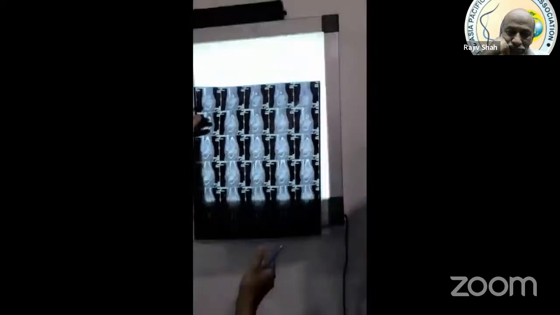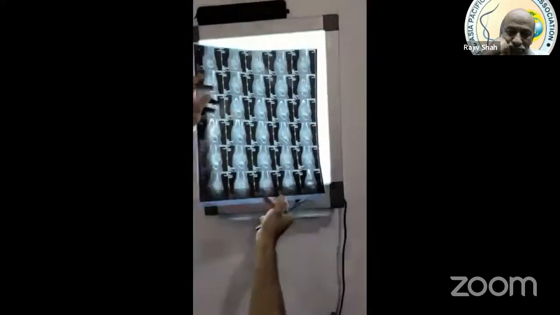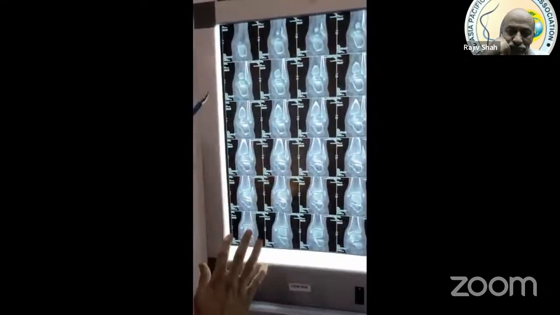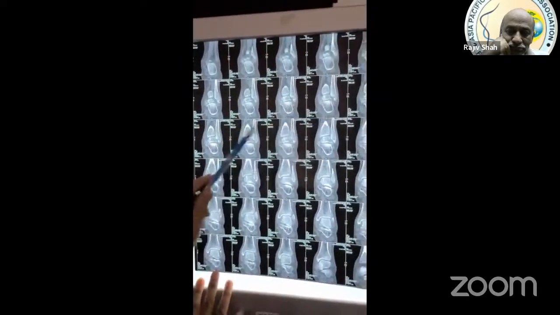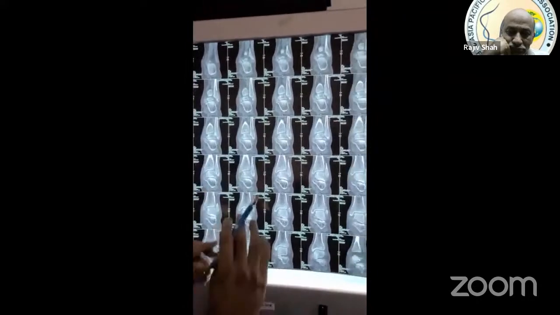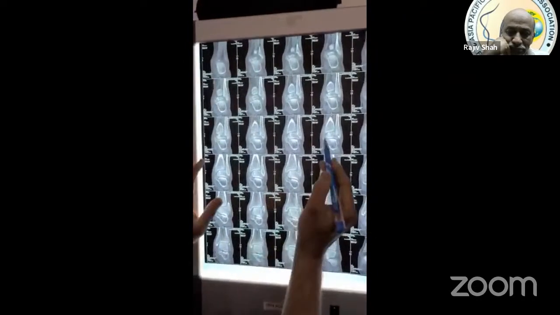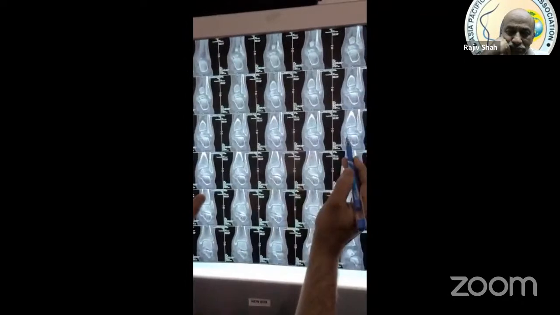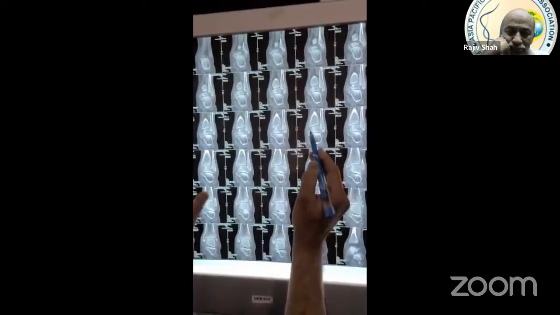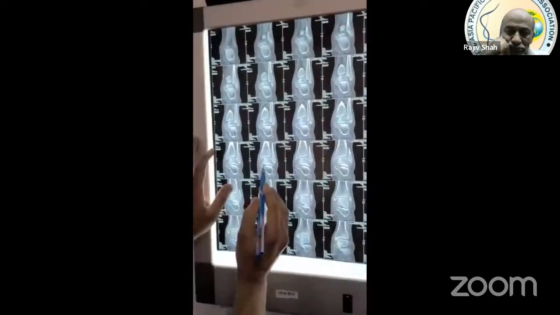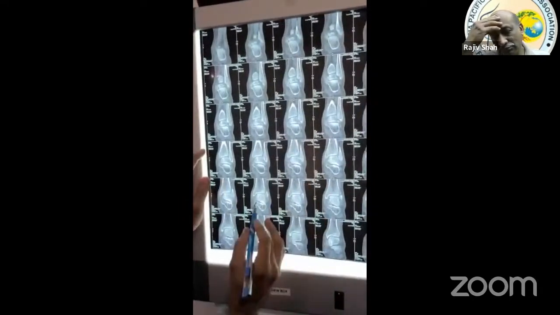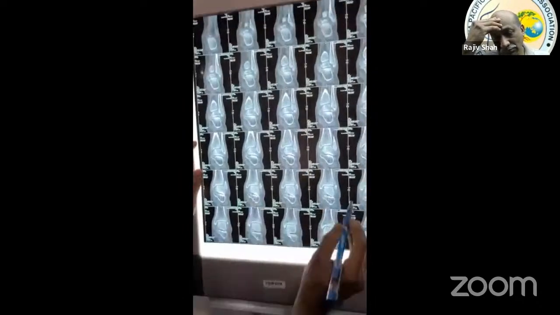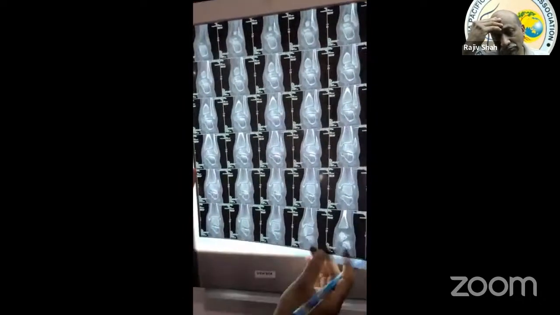And I got a CT scan, and these are the CT images. As you're coming from posterior to anterior, this is the sustentaculum tali. Now there are loose pieces, but the subtalar joint by and large seems okay.